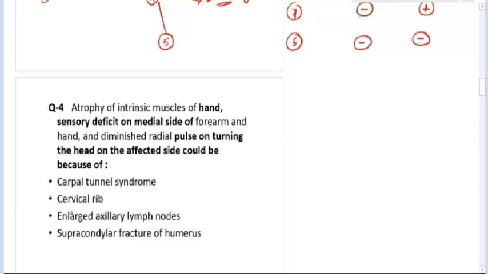Coming to next option, cervical rib. Now cervical rib is a clinically significant situation if present because it compresses the spinal nerves C8 and T1, that is the lower trunk of brachial plexus. So intrinsic muscles of hand are also supplied by this.